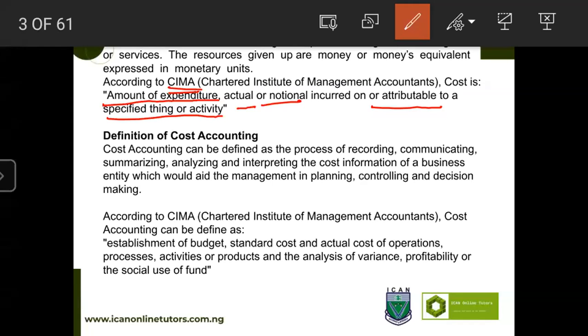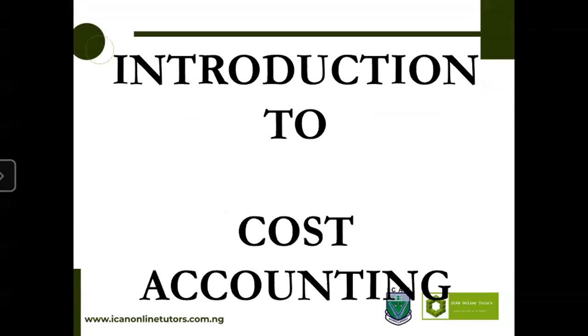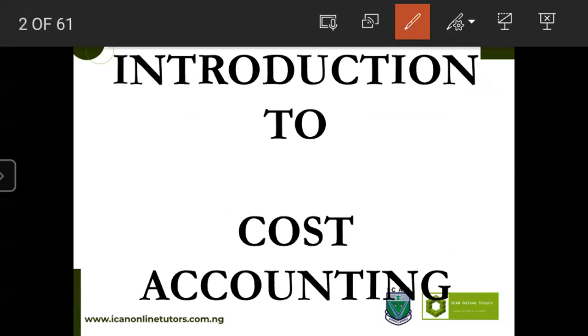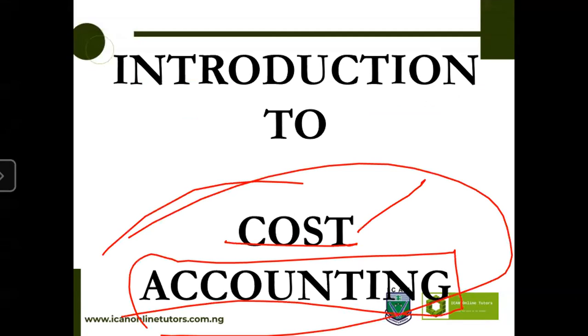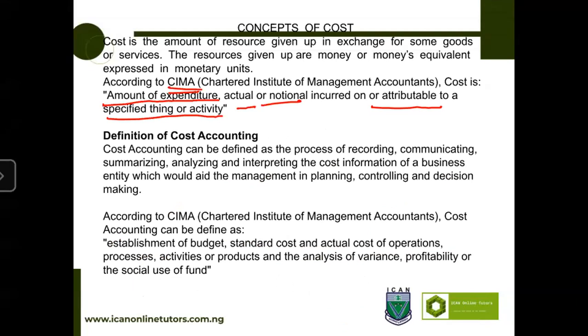If that is cost, then what is accounting? Before we now combine, remember, what we are doing is cost. We have defined cost. Now let us define accounting before we now combine the two and have the definition of cost accounting. As we all know, accounting is a systematic recording of our daily transactions in the appropriate books of accounts.